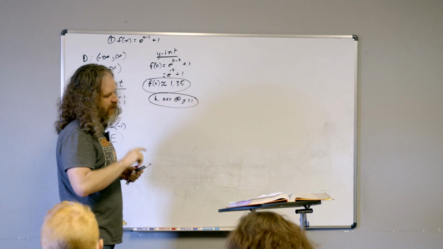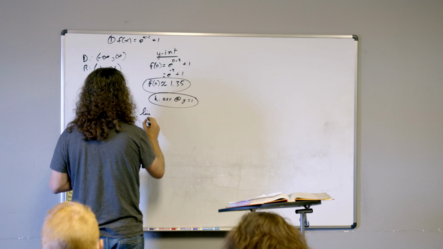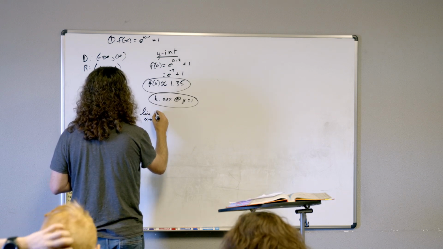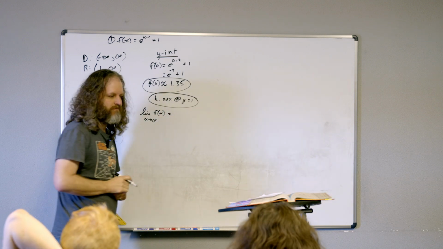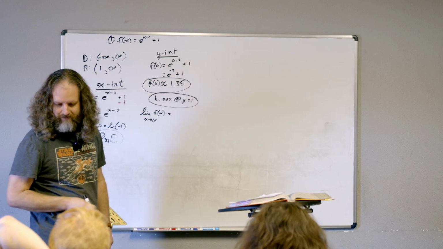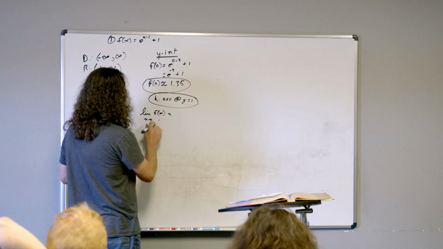What about its end behavior? The limit as x approaches negative infinity of f of x is what? Negative infinity? What does this graph look like? What did you say, negative? Oh, yes, and that's what I meant to write.